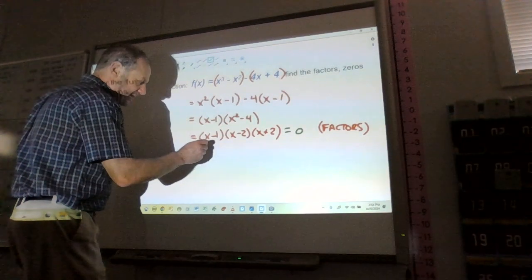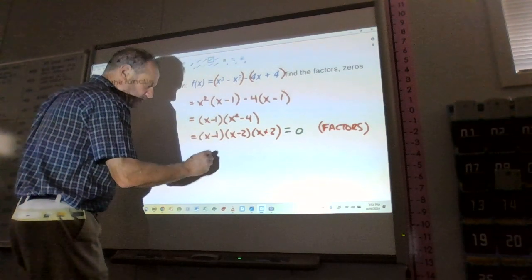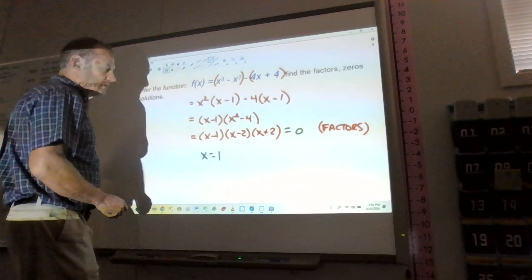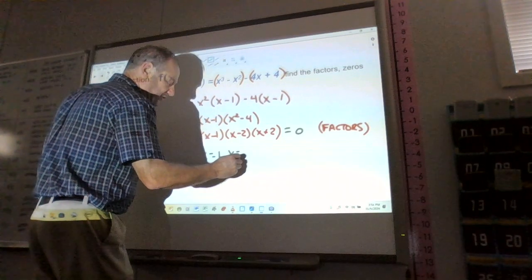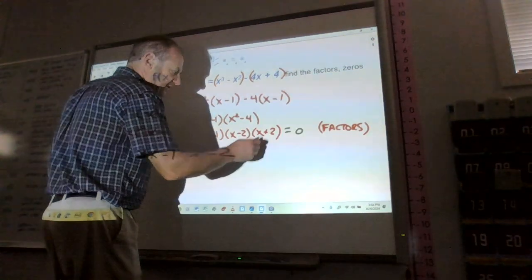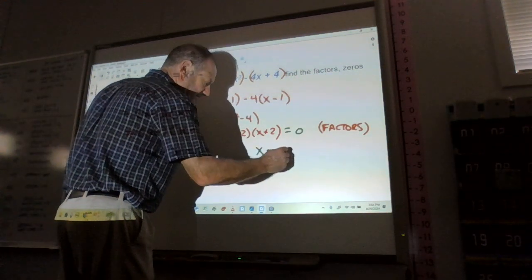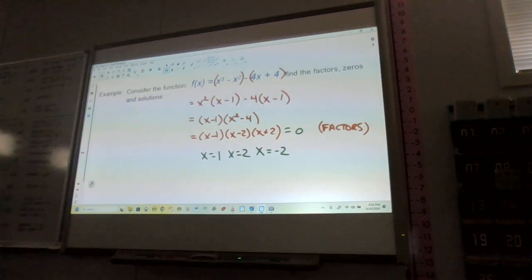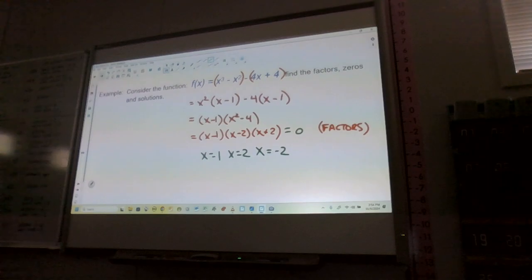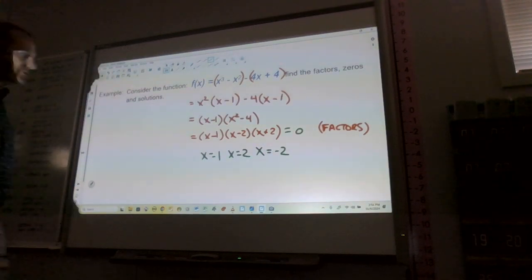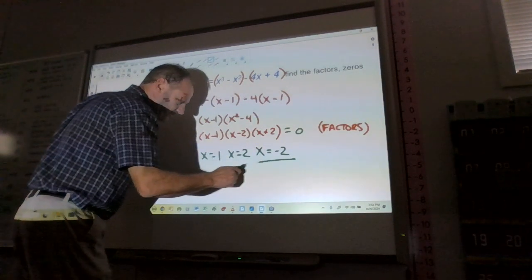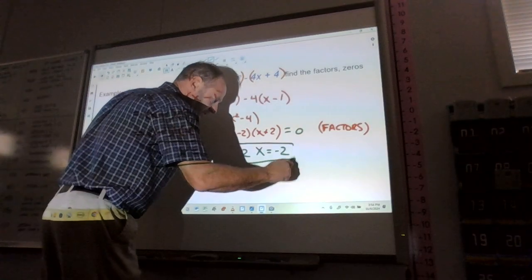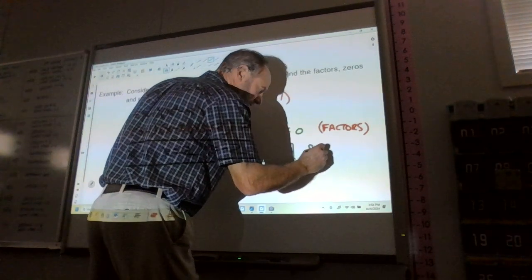So that means that x is going to be 1 right here. That means that x would be 2 right here. And that would mean x is negative 2 right there. Okay? So actually, those are the solutions to this thing. Okay, so there's my solutions.